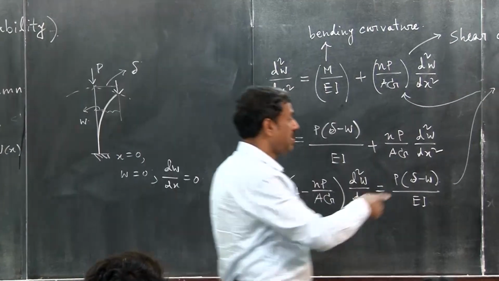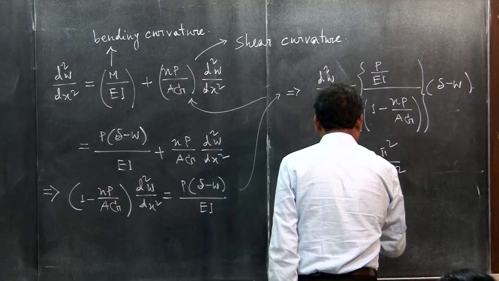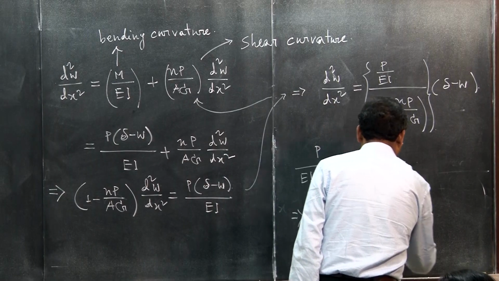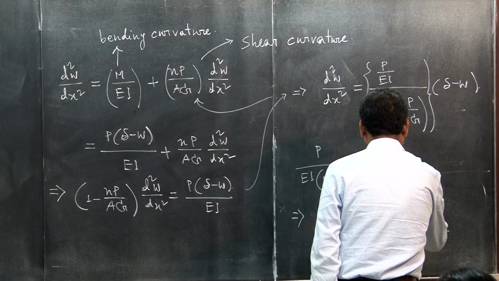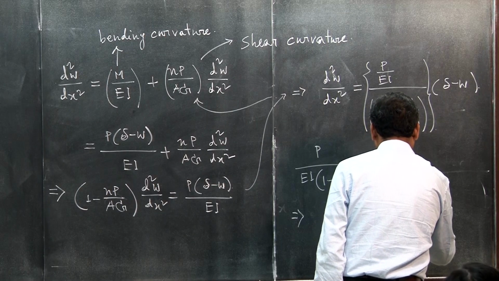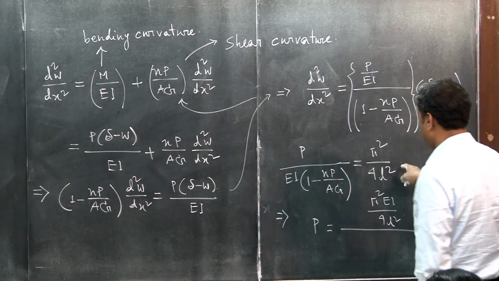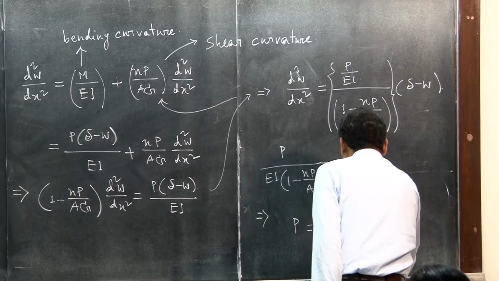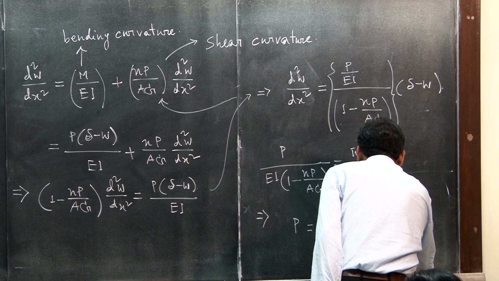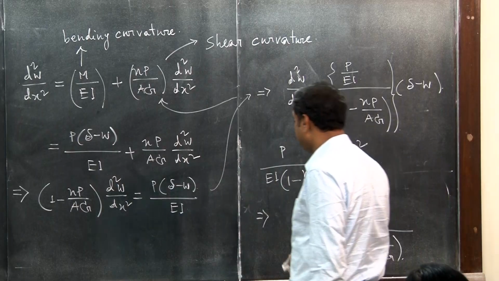So what you are going to get here: this P is nothing but pi square EI by 4L square, and if you multiply it, it will be 1 minus NP by AG, and then if I take it to the bottom by polynomial expansion, it will be approximately NP. Do you see the same expression? So, the same expression we are getting.